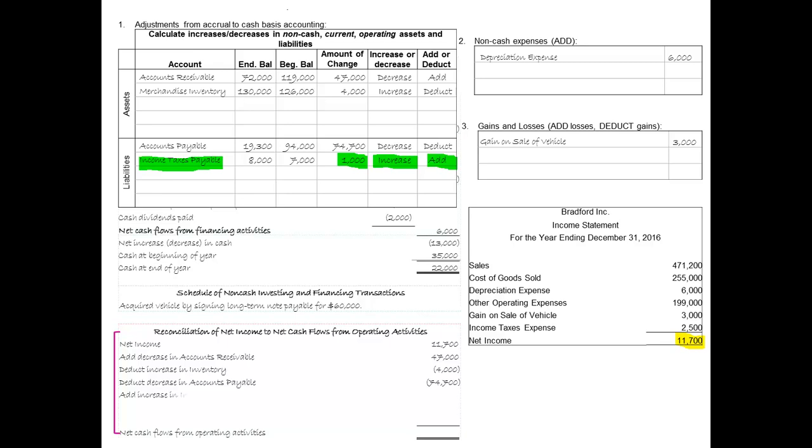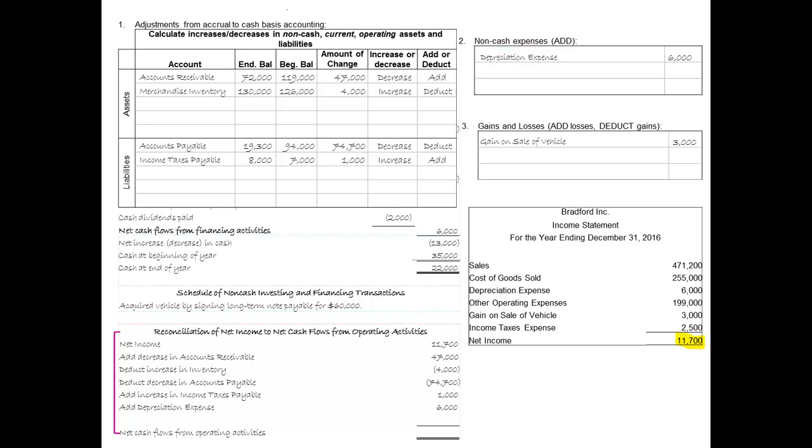Enter the amount of the change as a positive number since we're adding. Next comes the non-cash expense. Remember, you will add these. So in our reconciliation, this item will be add depreciation expense, $6,000. And the amount will be entered as a positive number.